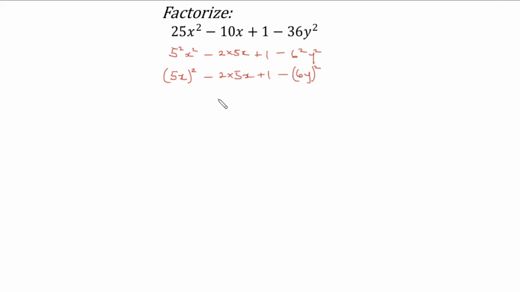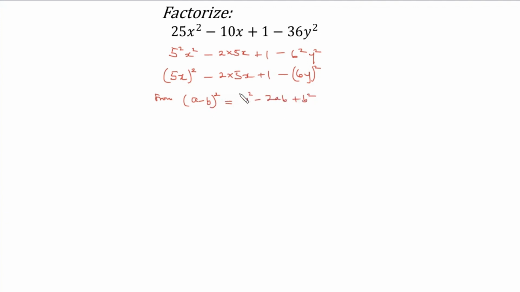Square this one out. So what we're going to do here, this is already in the form of a square, minus 2ab plus b squared. So let's get it from this formula: a minus b squared is equal to a squared minus 2ab plus b squared.